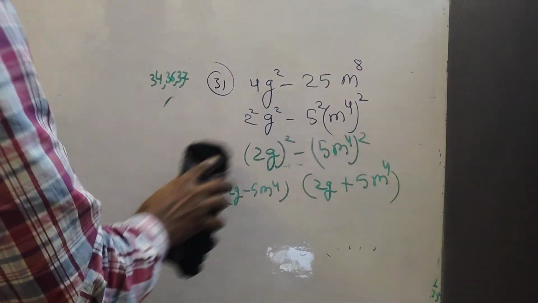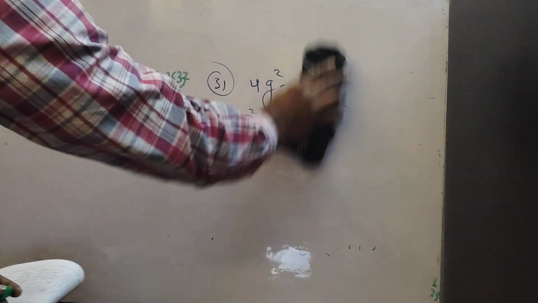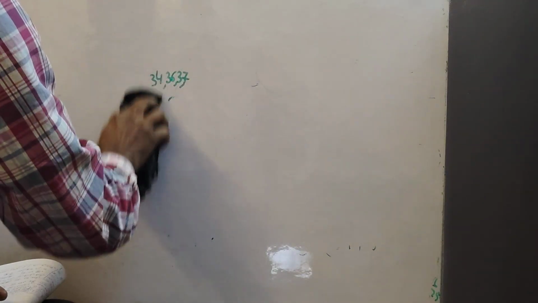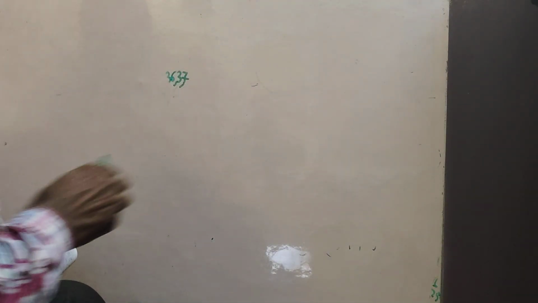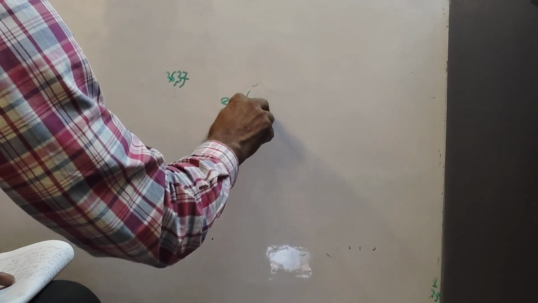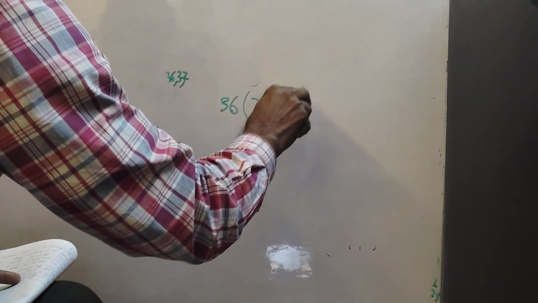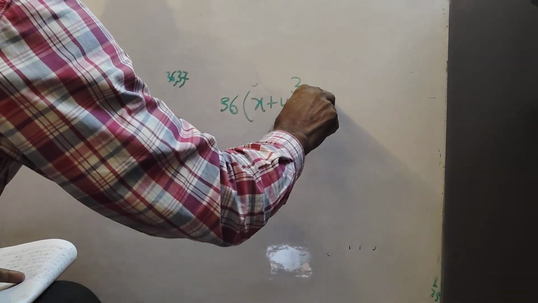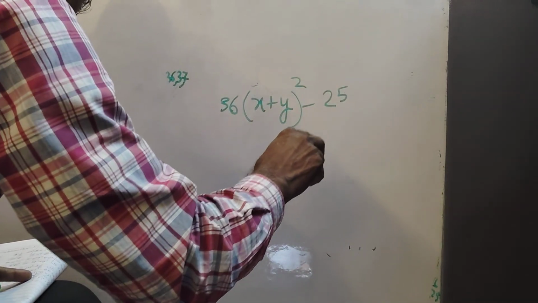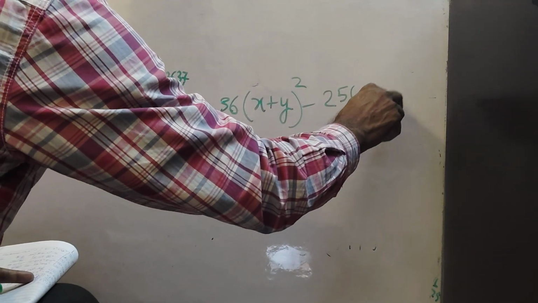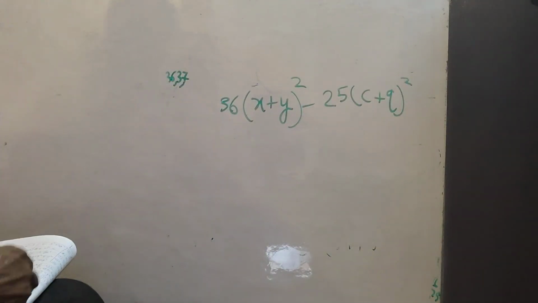Now in question number 34, the question is 36(x plus y) whole squared minus 25(c plus q) whole squared.